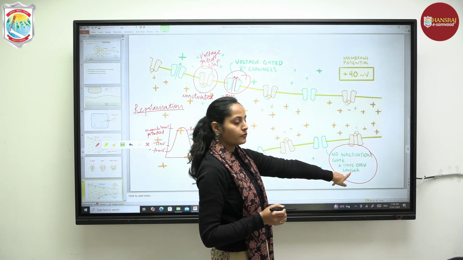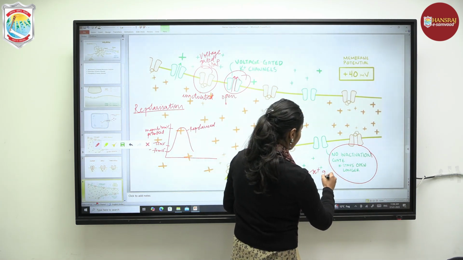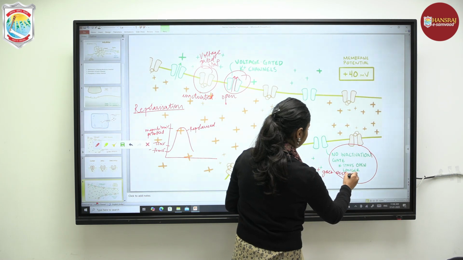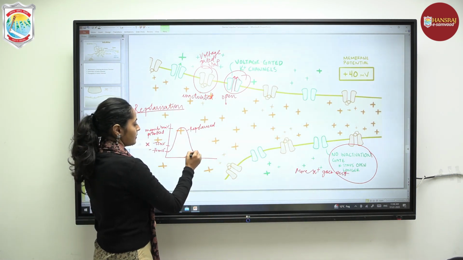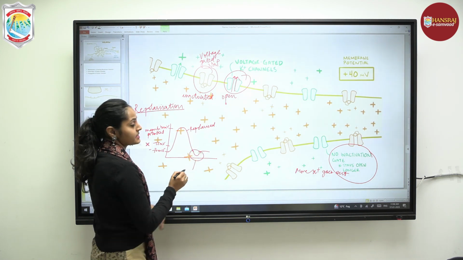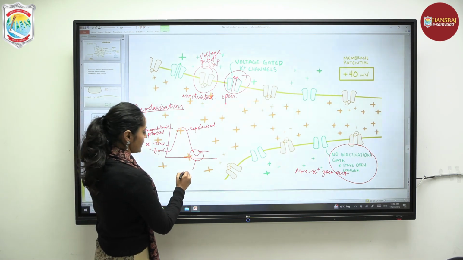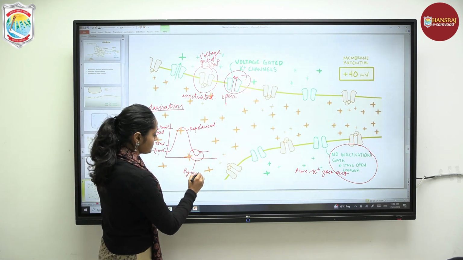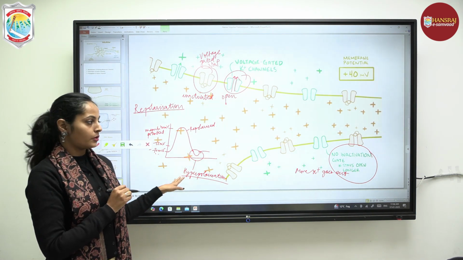They stay open for a longer time, so more potassium goes out, as a result of which it becomes hyperpolarized. It becomes even more negative than the resting membrane potential. That is called hyperpolarization.